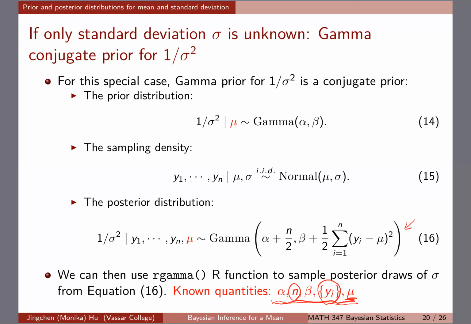And then from there, you are able to simulate draws for this 1 over sigma squared in terms of its posterior distribution. The last time we saw that for the mean case, because then we know the mean and standard deviation for the posterior probability of mu, and now we know.